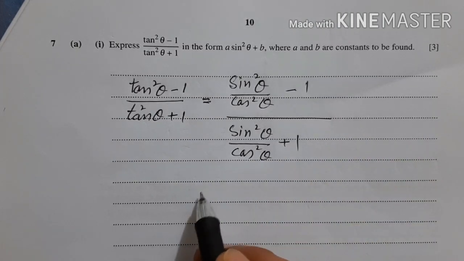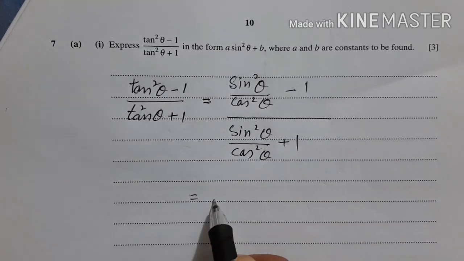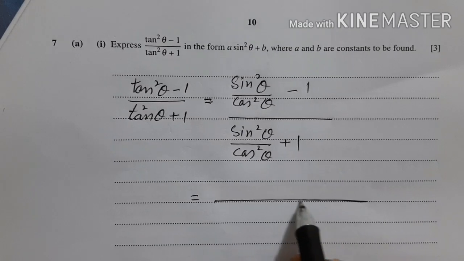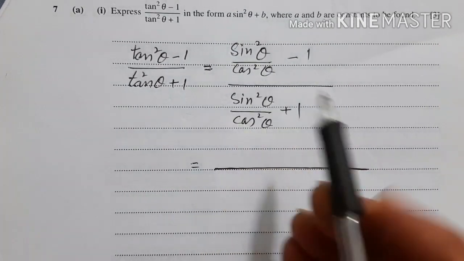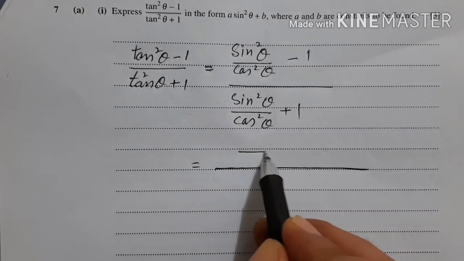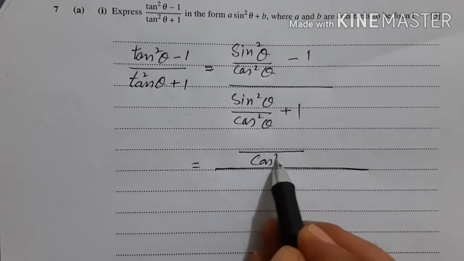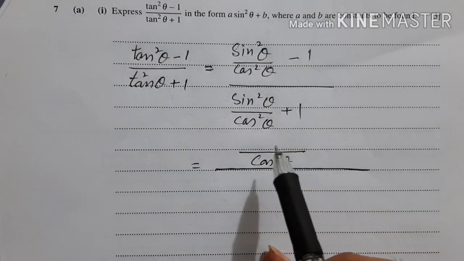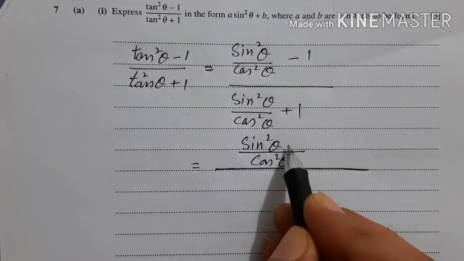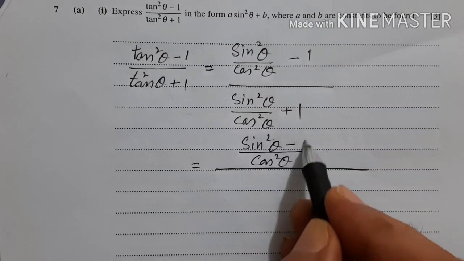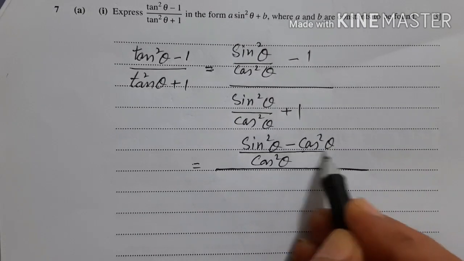So we can take LCM. LCM of the upper part, which is cos square theta, and we'll get sine square theta minus cos square theta.